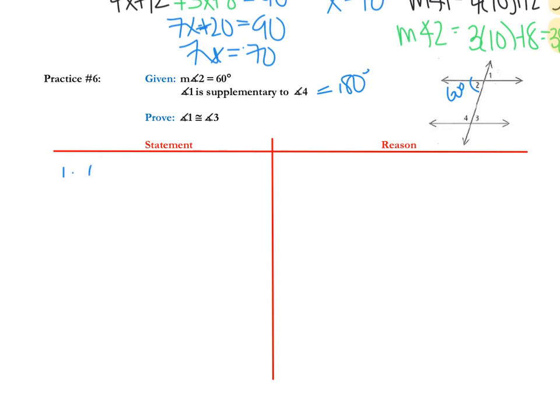So let's go ahead and mark our given. Okay, so we somehow need to work with angles 1 and 3. Well, something that we can see is that the measures of angle 1 and 2 are going to be congruent.